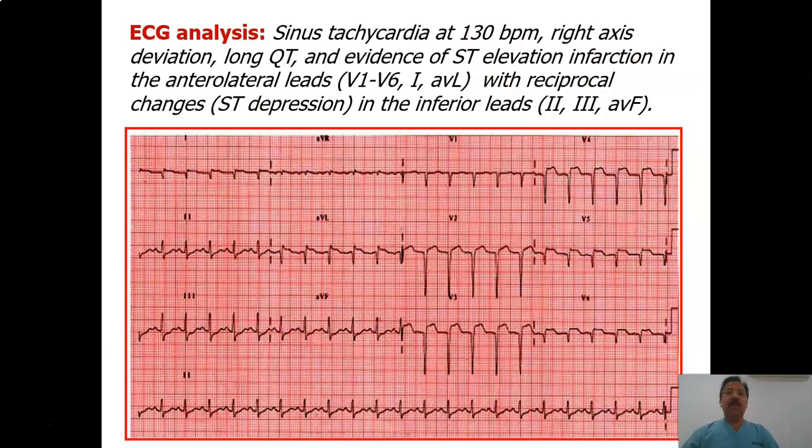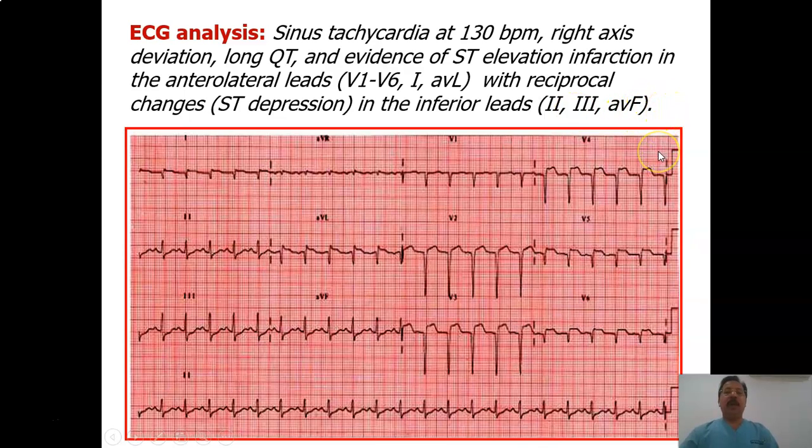So my findings for this ECG include: a sinus tachycardia at 130 beats per minute, right axis deviation, long QT interval, and evidence of ST elevation infarction in the anterolateral leads. Those include V1 to V6, lead 1 and aVL, with reciprocal changes, that's the ST segment depression in the inferior leads 2, 3 and aVF.